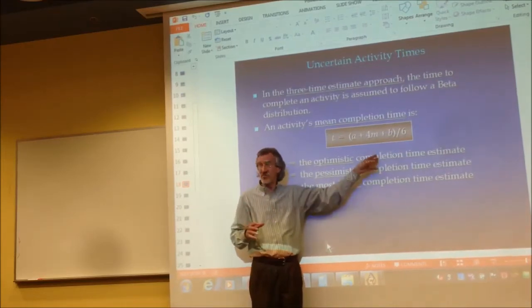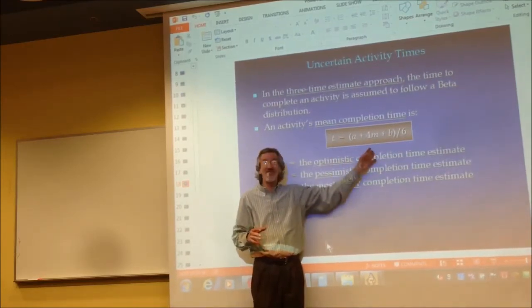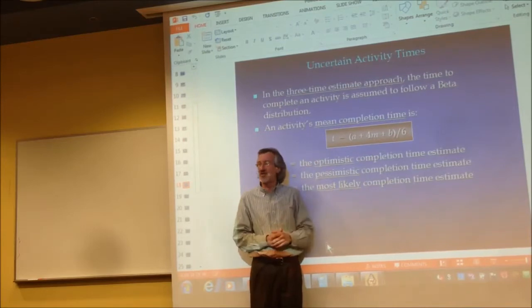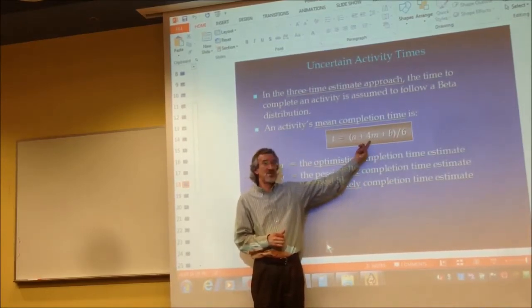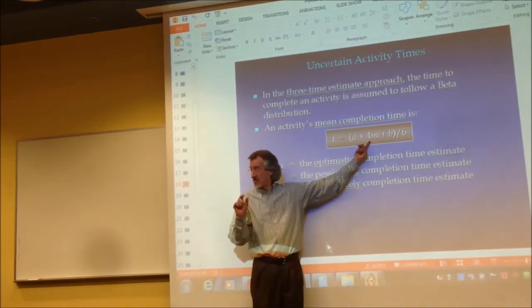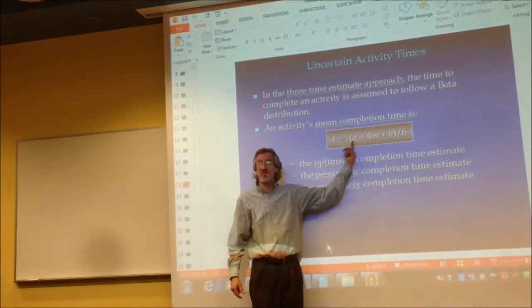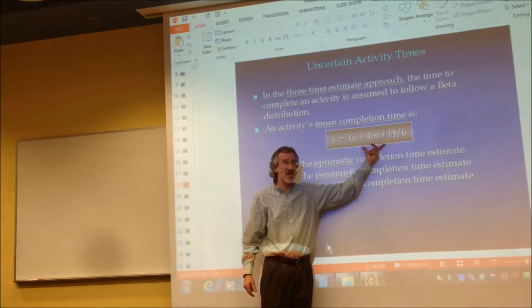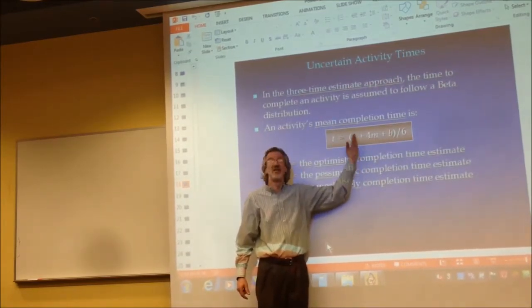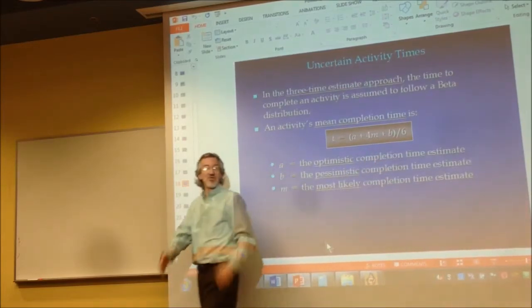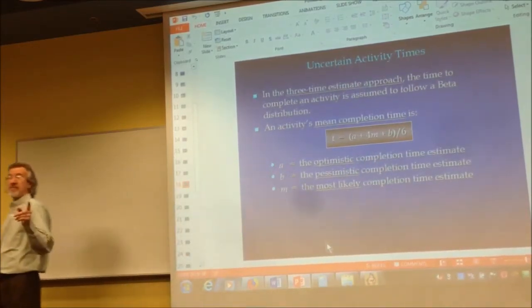Once you convert to expected time, you do everything the same as when you had known activity times. This is the difference: 4 times the most likely time, which is the time in the middle. Then you add the shortest amount of time and the longest amount of time, so that's 6 numbers there. Then divide by 6.